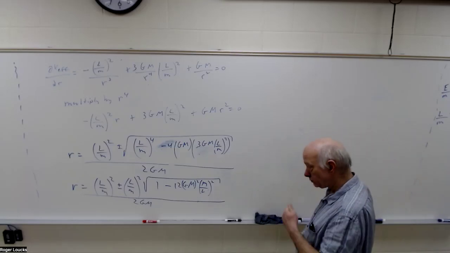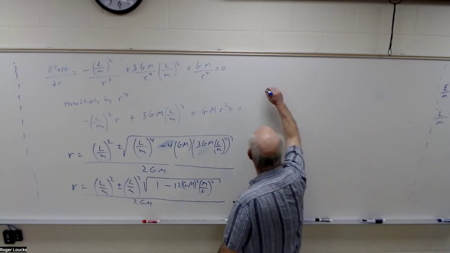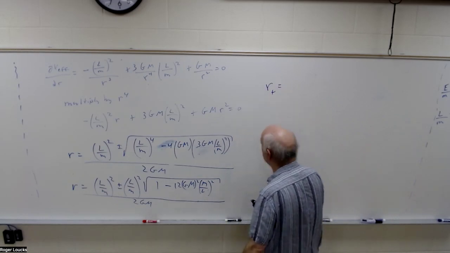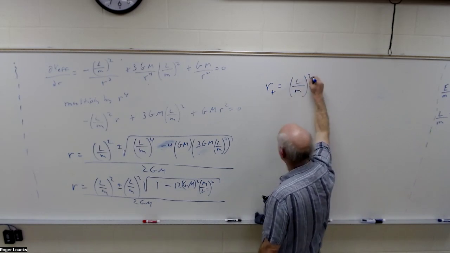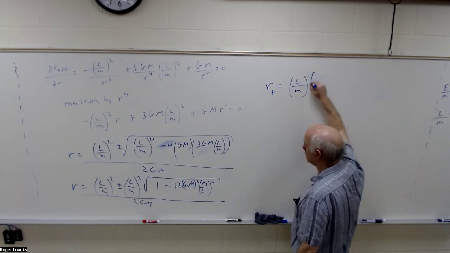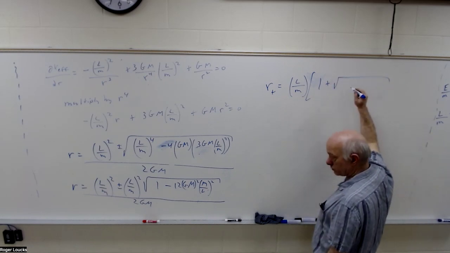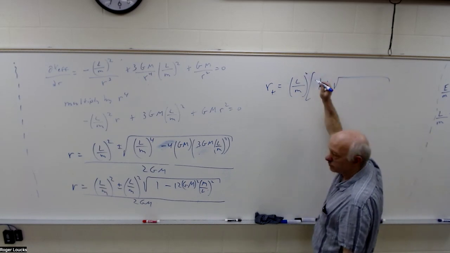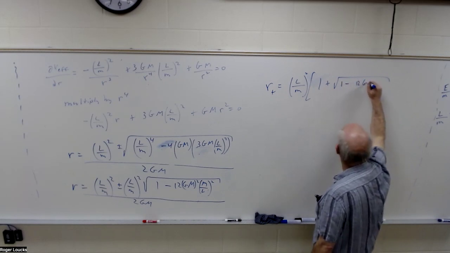Now, any questions? So now we have two cases here. We have the R plus, which is gonna become L squared over GM. I'll just factor out this guy, 1 plus the square root of 1 minus 12 G squared M squared over L squared. You still need a square on that, right?